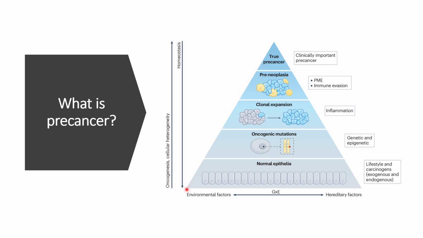Then in the vertical direction, the homeostatic conditions are high at the bottom, because when normal cell functioning goes through a normal process at a normal rate, it maintains homeostasis and a steady state.